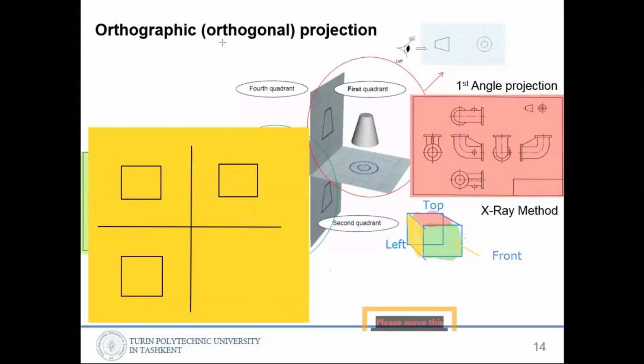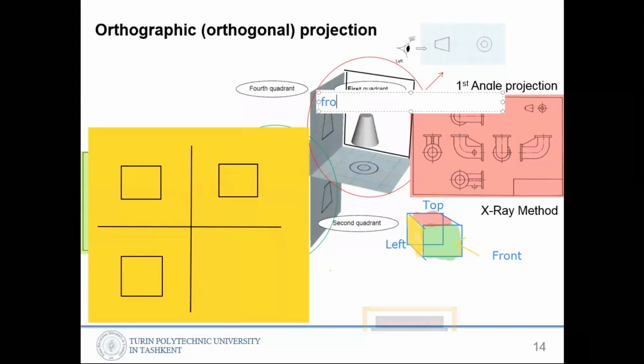Okay, so let me draw this way also. So our box is like this. So the part is here, inserted here. So that is a front side. That's the front side. Front wall.